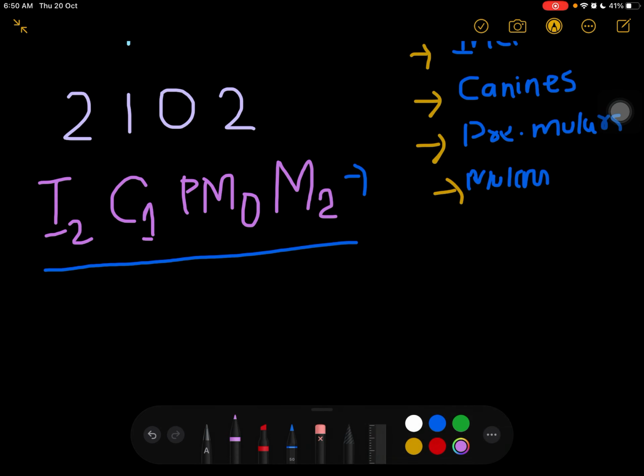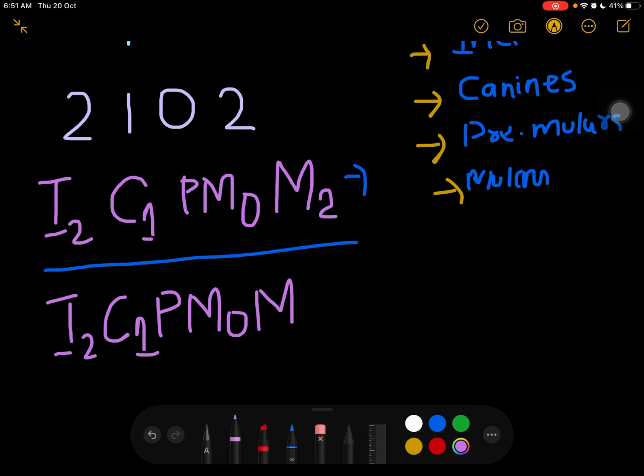So here it will be the same: I2, C1, PM0. You can also call this Prime Minister. Then M2. So now we will calculate, and we will multiply this by 2.